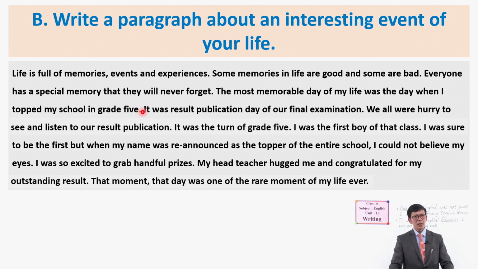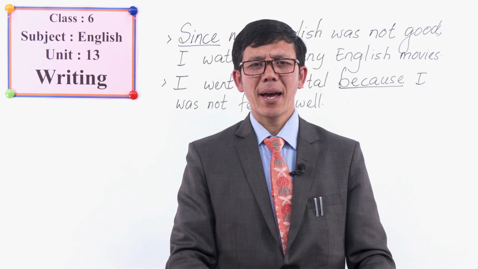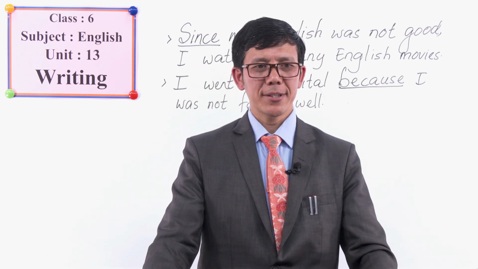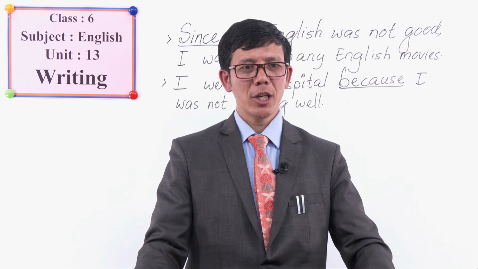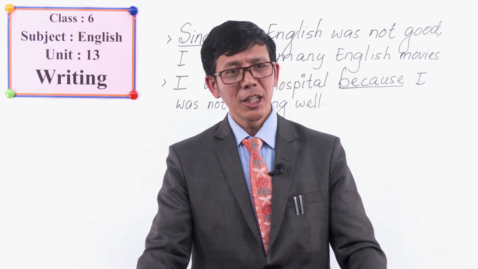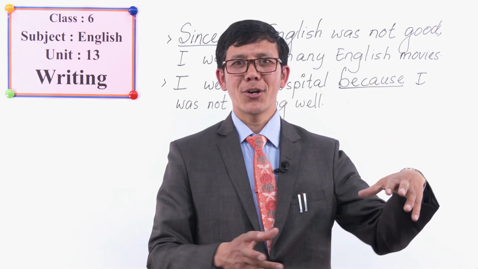Yes, my dear students, now let us recap what we learned in our class today. In the very first part of the lesson, we rearranged random sentences in the correct order.